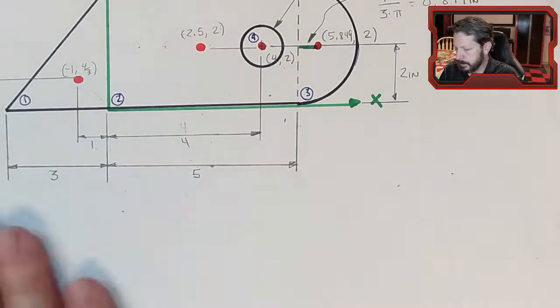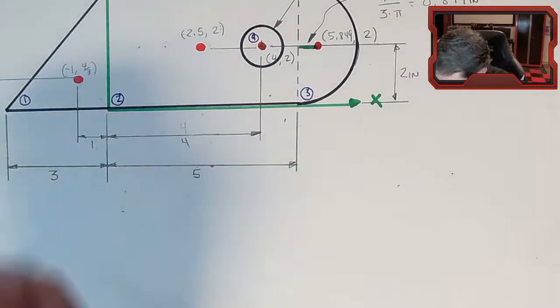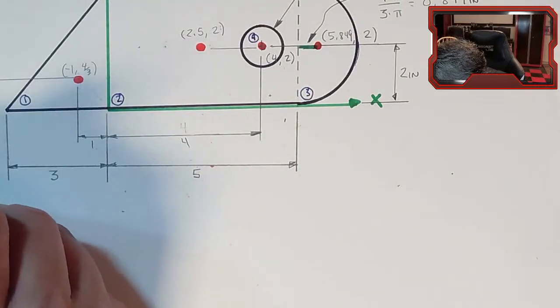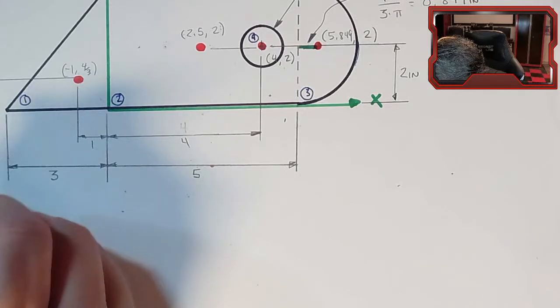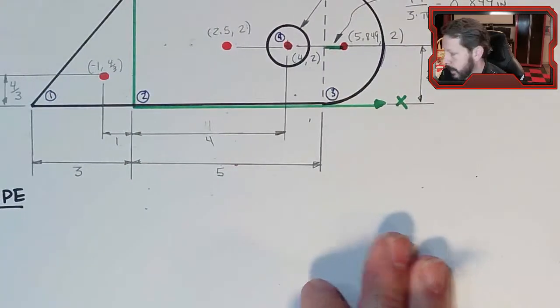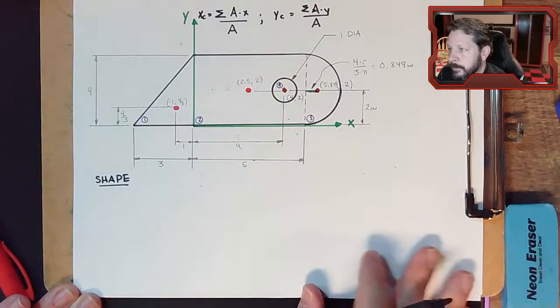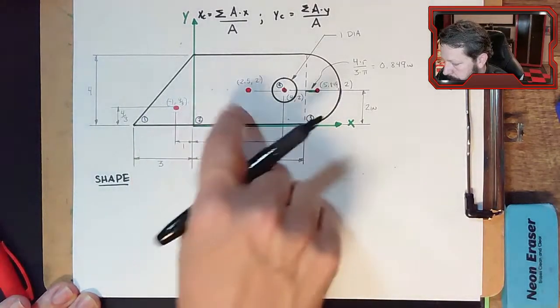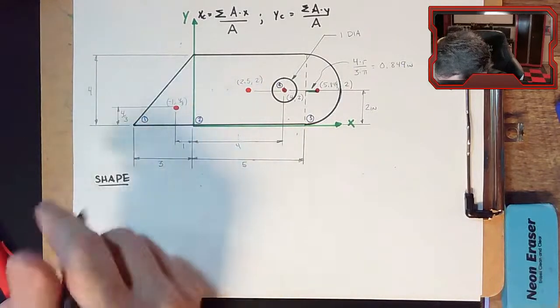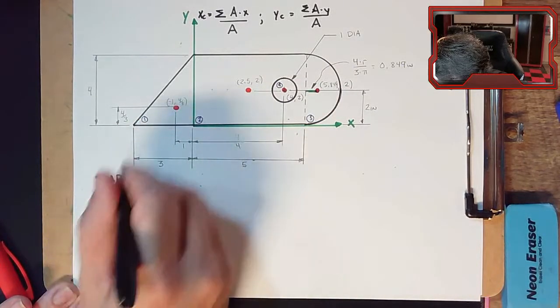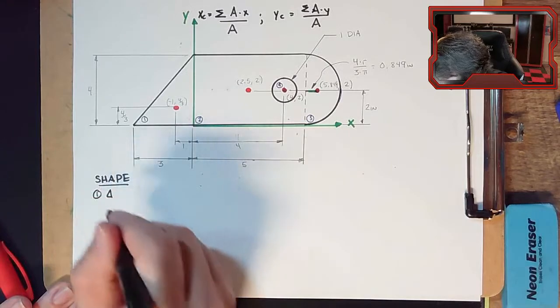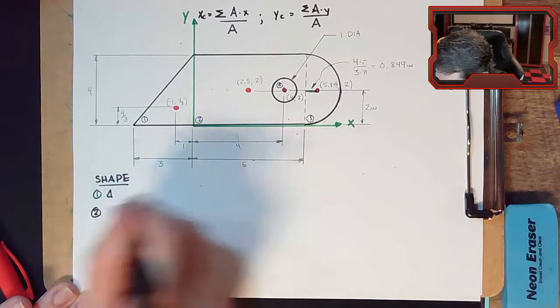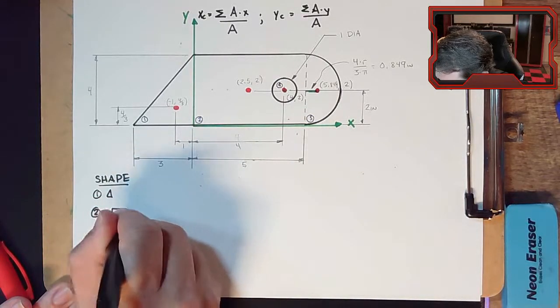And now we'll create our chart down here that has the shapes. And I normally, whoops, that's off our page. Let's zoom out. There we go. I normally go in and draw a little picture of the shapes and number them. So I had number 1 being a triangle, and I draw a little triangle for it. Number 2 was the rectangle, a little rectangle.